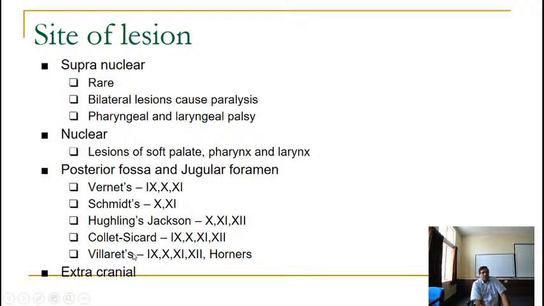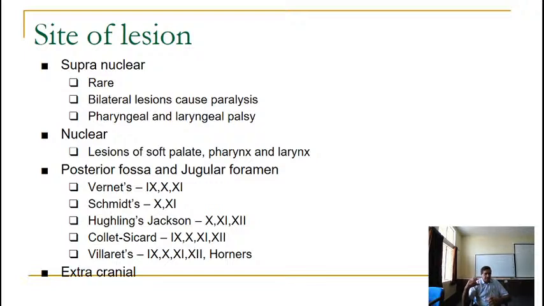And when you come into the various sites of lesion, usually the cranial nerves, in the intracranial, from the cerebral cortex to the nuclear region, they are called supranuclear.